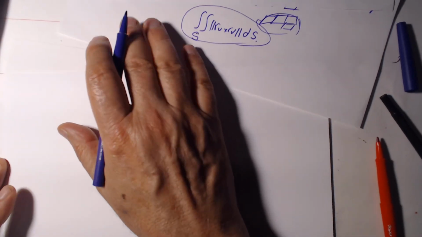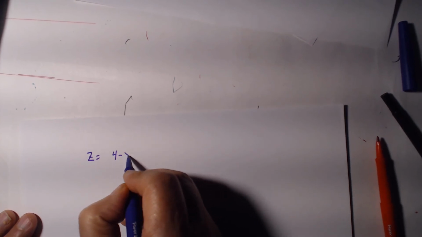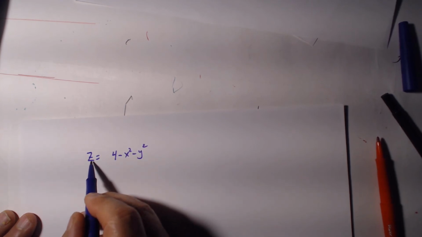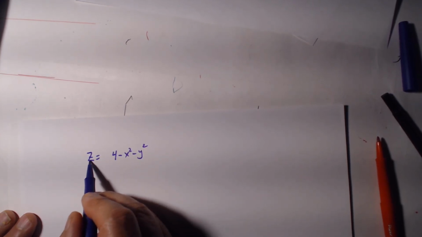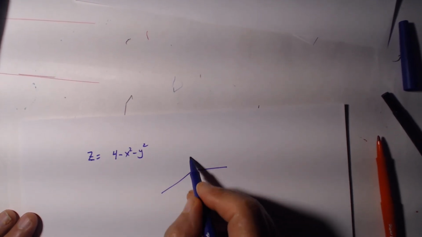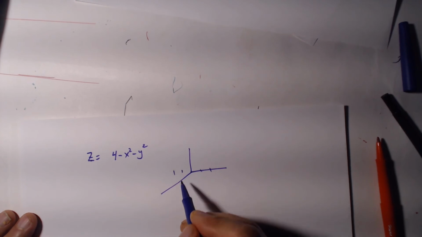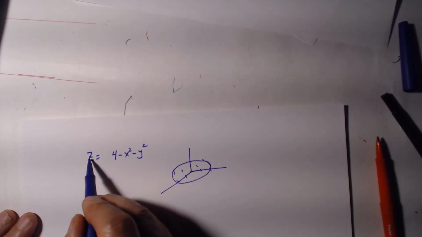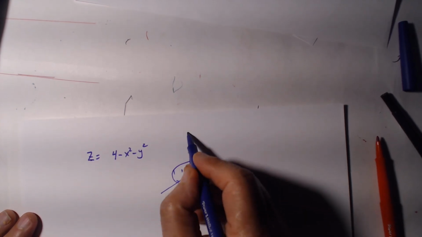Let's do an example. We do have a surface z, and that surface z is 4 minus x squared minus y squared. Here, if your z becomes 0, you have a circle with a radius of 2. If z becomes 4, you have a point.